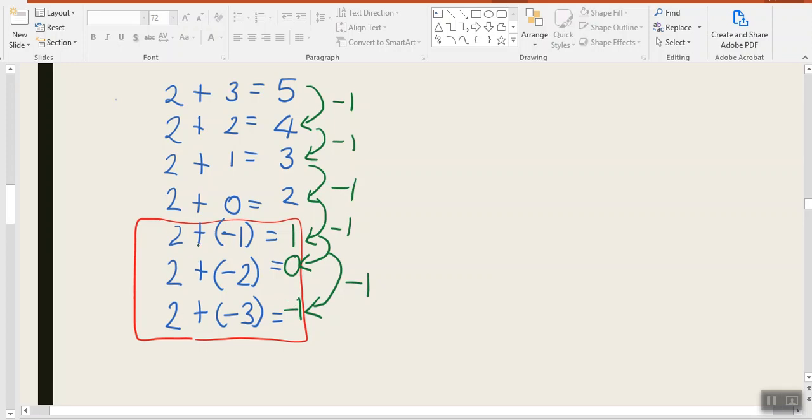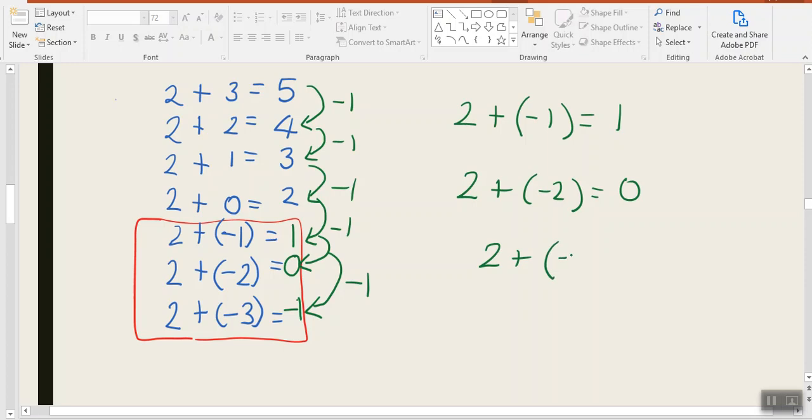When I add a negative integer, 2 plus negative 1 should leave me with a 1. Now I'm going to just write them over here, so they're separate. So now I've worked out 2 plus a negative 1 has to give me a positive 1. 2 plus a negative 2 has to give me 0. And 2 plus a negative 3 has to give me a negative 1.